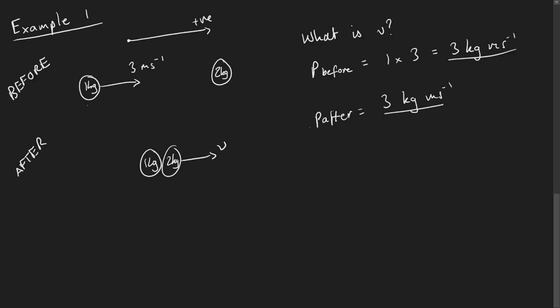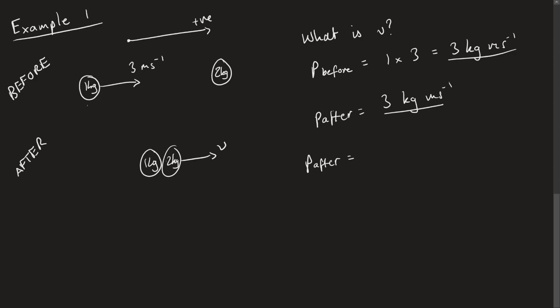Now we know the expression for the momentum after is going to be the total mass that's moving multiplied by the velocity they move at. So P after is the total mass. Now that they've joined together, you can actually just sum their masses together.